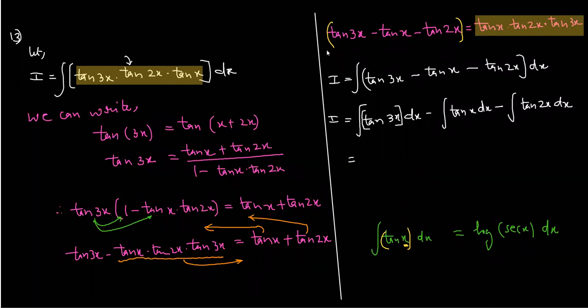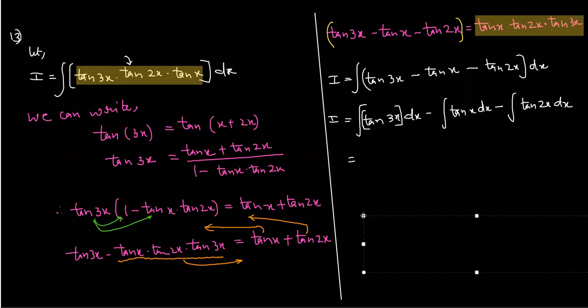So what would I get? Integration of tan 3x, I will get log of sec 3x, the whole upon 3. Some students make the mistake of writing only 3x upon 3 or sec 3x upon 3. No, it is the whole thing upon 3.